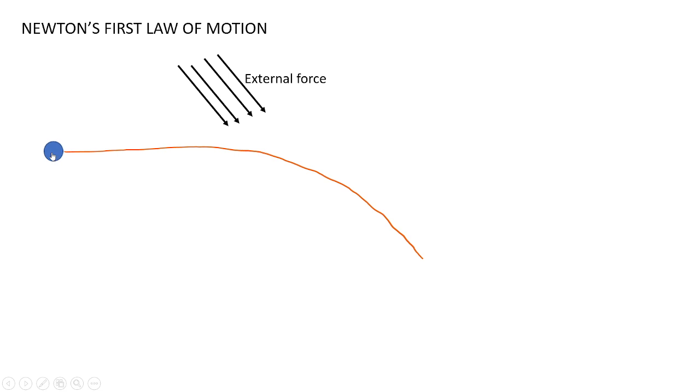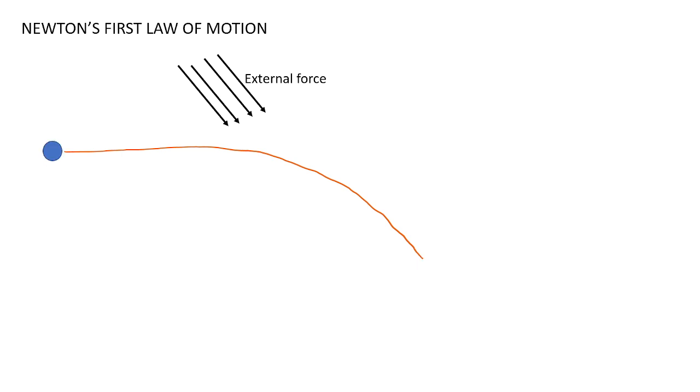If there is any external force, the body will be deviated from the straight path, or its speed will be changed. If no external force, it will continue in a straight motion. Speed remains the same. If there is some external force, what happens? Its speed will be changed. Understood? You can see that its velocity is changed. Velocity will be changed. Have you understood? Clear?